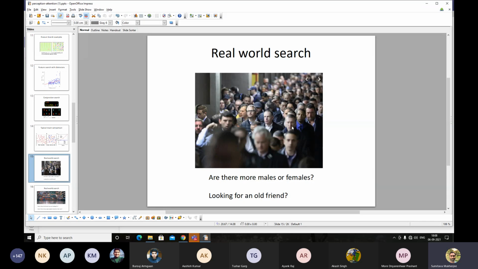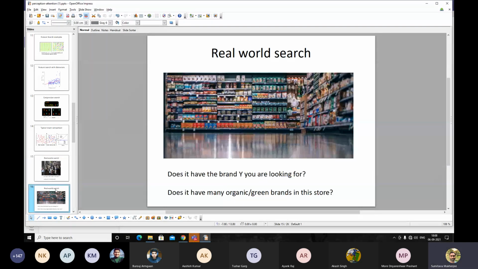It's not always that I'm going to use feature search, or conjunction search, or any other kinds of search algorithms. Similarly here, if I'm looking at a store, I ask this, does it have the brand Y you are looking for, versus does it have many organic green brands in the store? This is a specific question, and this is a broader question.